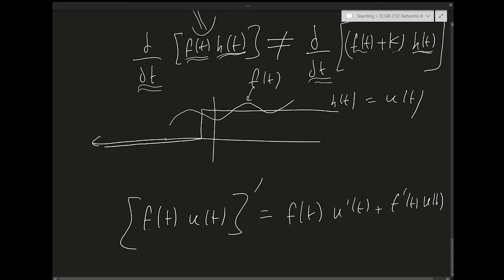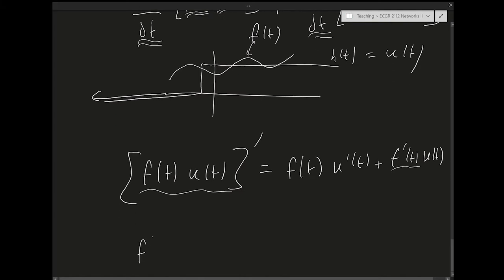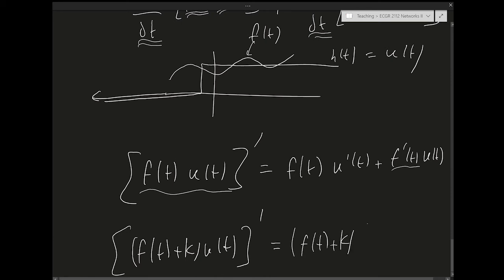So differentiating this gives me what I expect, the derivative of the function times u of t, plus an extra term. If I take f of t plus k times u of t and differentiate, I end up with f of t plus k times u prime of t plus f prime of t u of t. This does not equal the previous result. Those two are not equal to each other, so this makes the differentiation invertible.